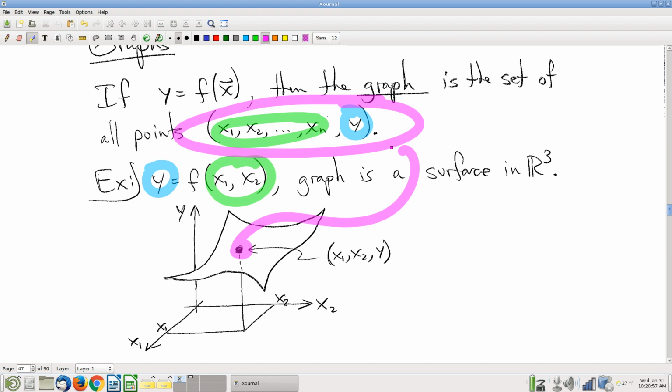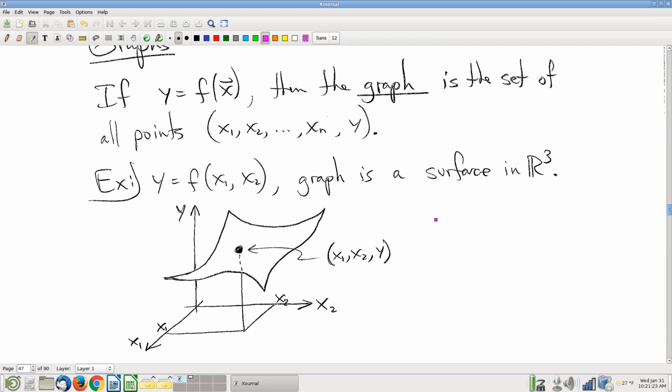So the weird thing about a graph, this function that we're looking at an example of, the domain is R2, the target is R1, 2 and 1, and yet the graph lives inside of R3. So the input and output variables all together. It's really a kind of weird construction if you think about it.